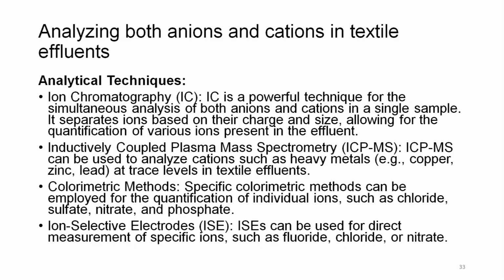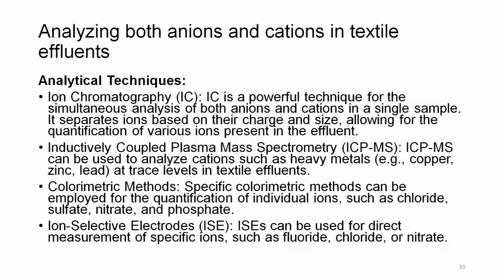So, the beauty is that from the same sample, using the same ion chromatographic method, both anions and cations can be analyzed simultaneously. Inductively coupled plasma mass spectrometry, ICP-MS, can be used to analyze cations such as heavy metals, copper, zinc, lead, cadmium, mercury at trace levels in textile effluent.